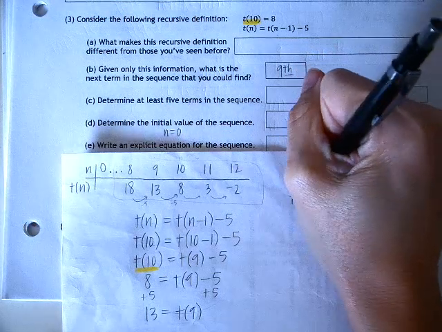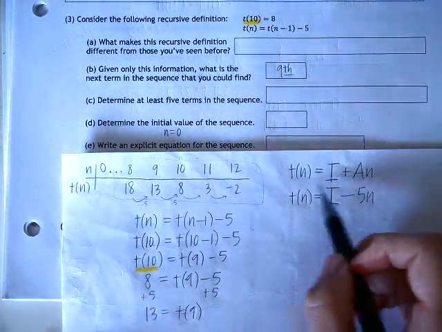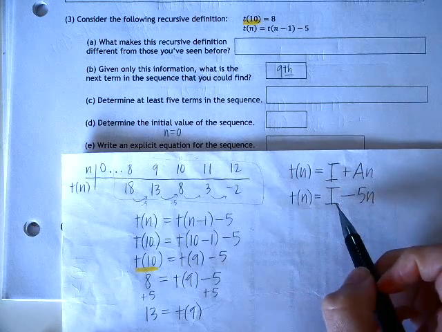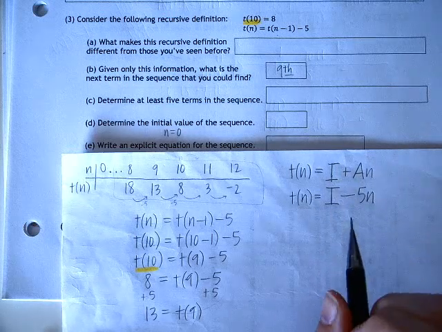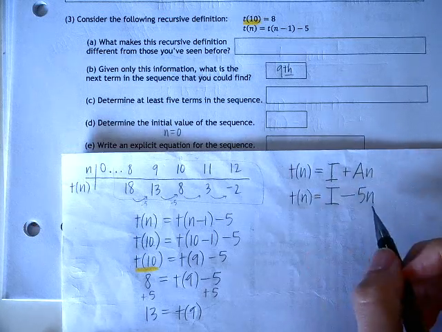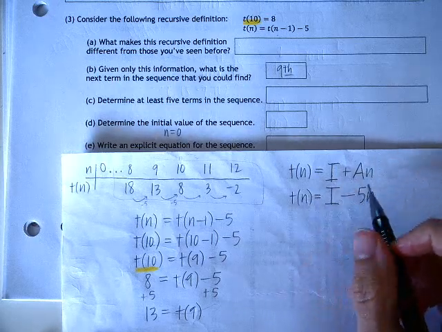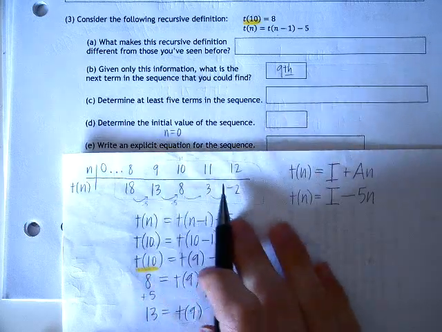Now, when I look at this equation, it still looks a bit of a mess. It still looks like I have all sorts of unknown things. I want to solve for I, but I also have a variable n and a variable t of n. That doesn't look too good, except, now I'm thinking for a moment, n and t of n could be anything. N and t of n could be any combination of real numbers that I know works in this sequence.